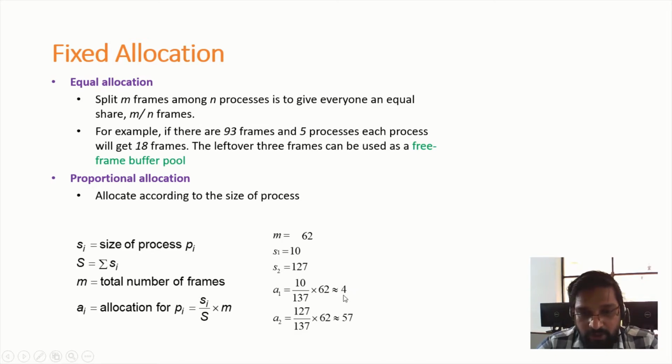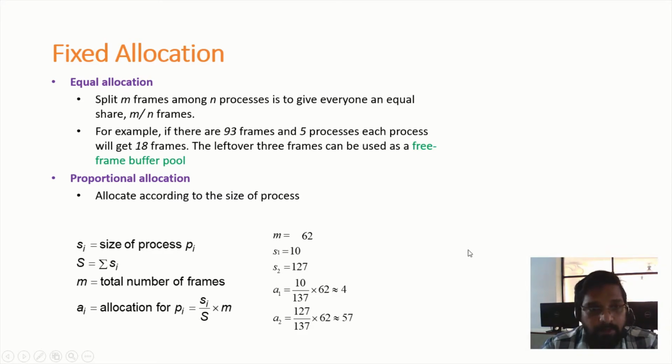So 4 frames will be allocated to process P1, and similarly we do this for process P2, and for process P2 we allocate 57 frames. This is how we allocate frames using proportional allocation.